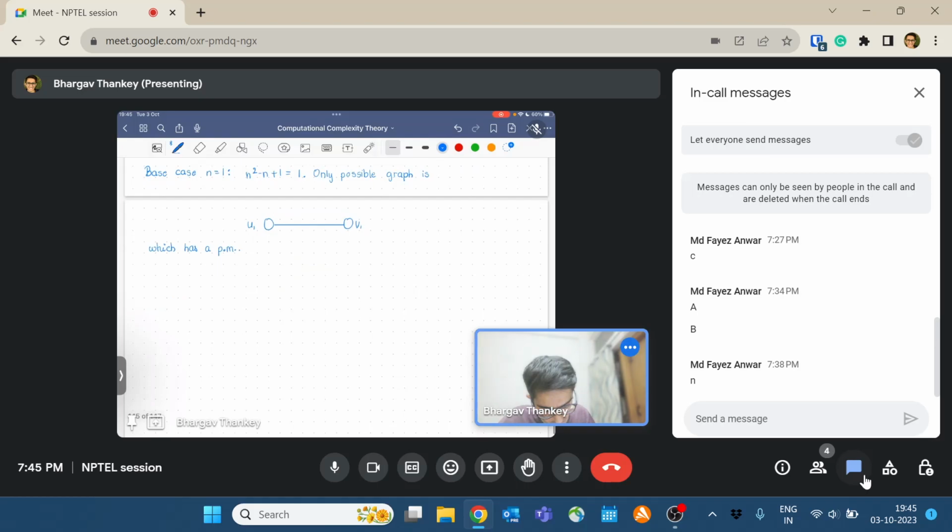So now we can move to the induction hypothesis. The induction hypothesis is, let the claim be true for some n greater than or equal to 1.